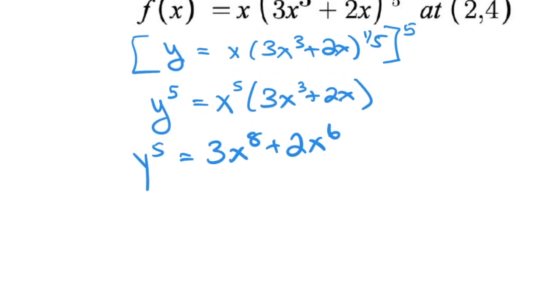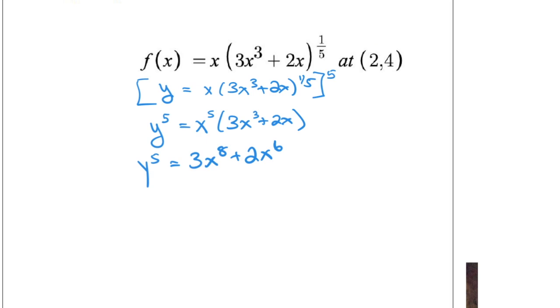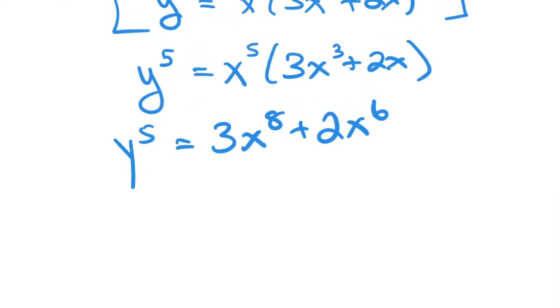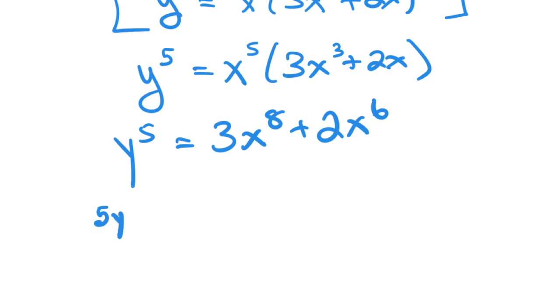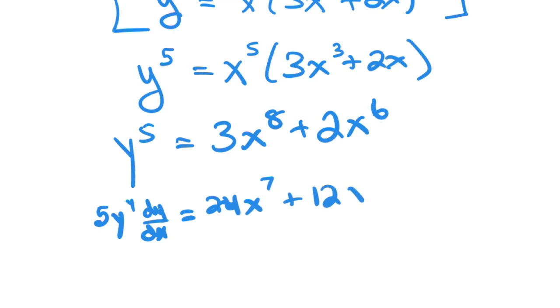So let's see here. We need dy dx in order to write the equation of the tangent line, because dy dx is your slope. That gives us 5y to the 4th dy dx equals 24 x to the 7th plus 12 x to the 5th.